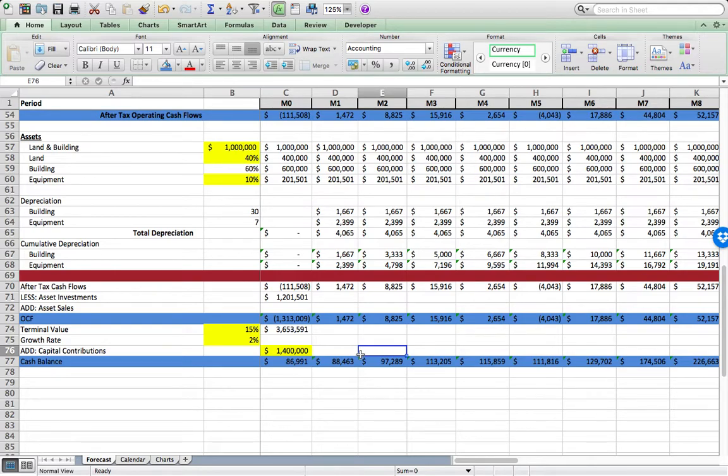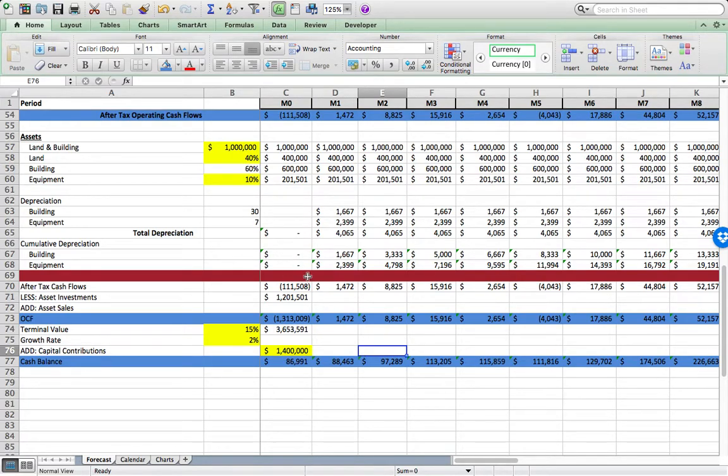That's what you would do in practice. You would either distribute the money to your investors, or you would maybe go out and open a second business or whatever it is. You wouldn't just let that cash sit there idle. But for purposes of the valuation of this business idea, we can't bring those other things in. So we just leave the assumption that the cash stays in and the cash balances will be what they are.